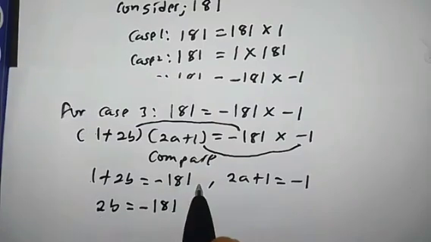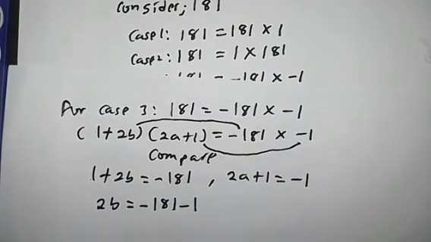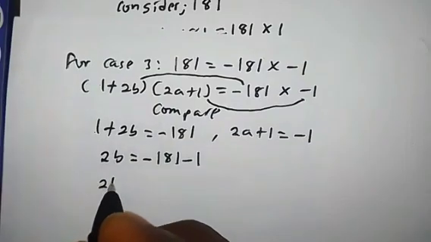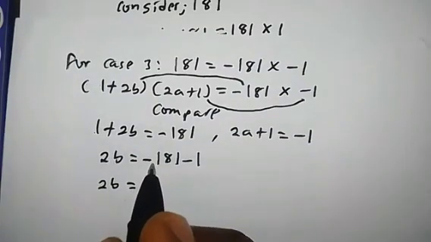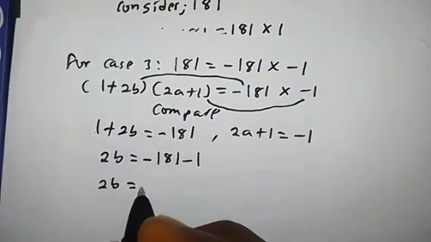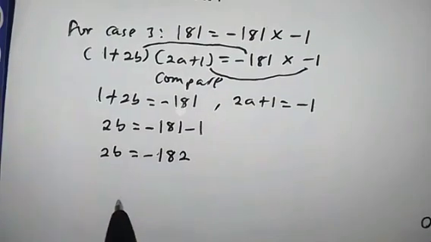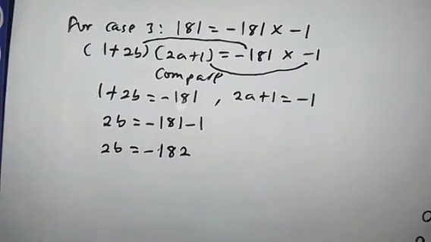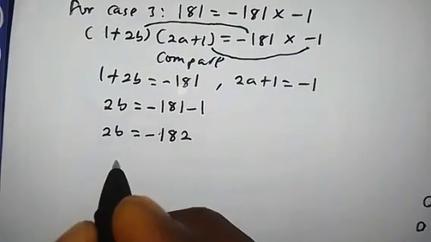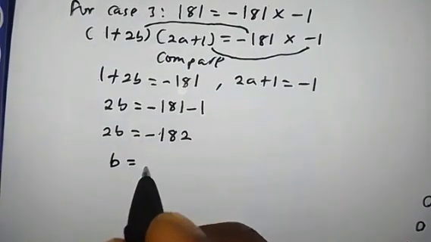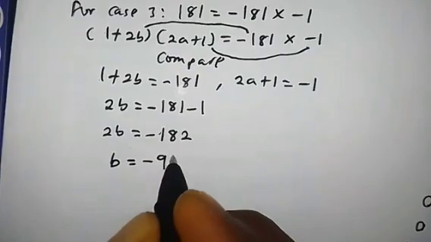When we transfer 1 to the right hand side, that becomes minus 1. 2b equal to minus 181 minus 1, that is minus 182. If we divide both sides by 2, we simply have b equal to minus 91.